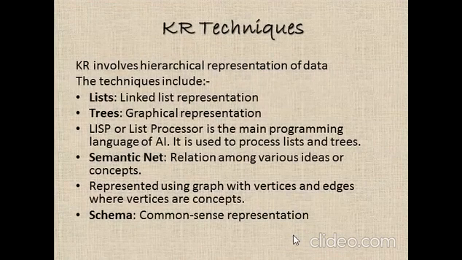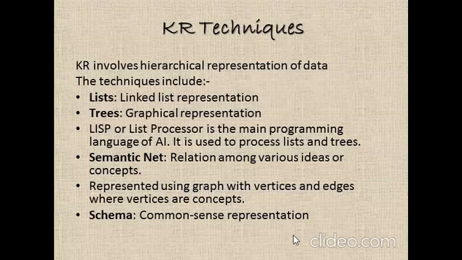Then knowledge representation involves hierarchical representation of data, and we have different techniques. They include the list, because we can represent data by using a linked list. Then trees are another representation technique, where we use graphical representation.